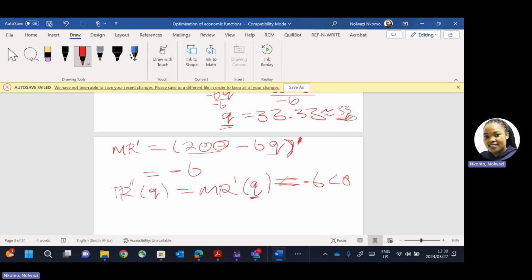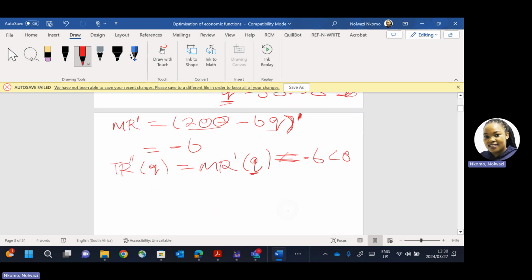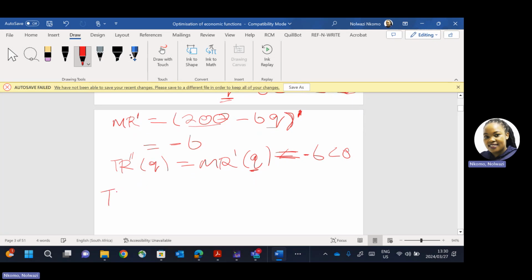But what would be the total revenue if we produce and sell these 33 units of products? You need to go back to the total revenue, and where there is the quantity, you substitute it with 33.